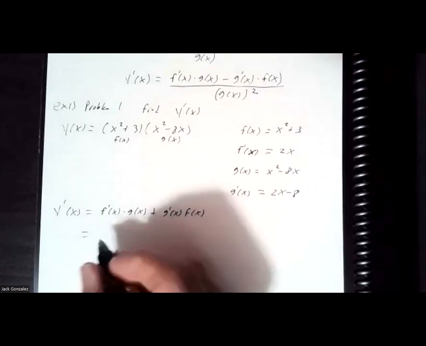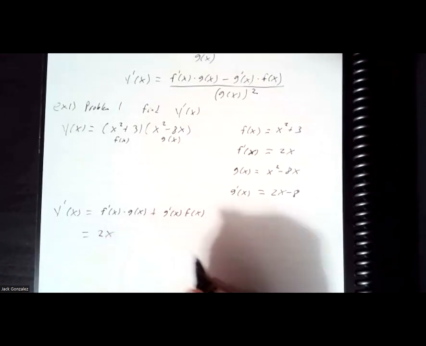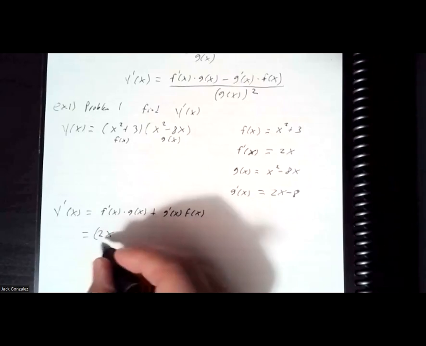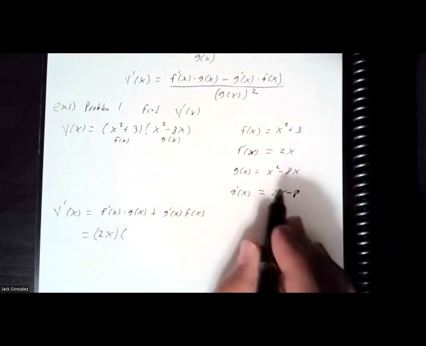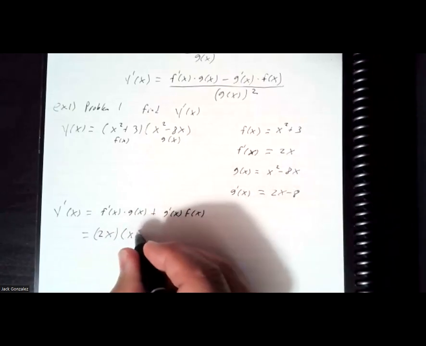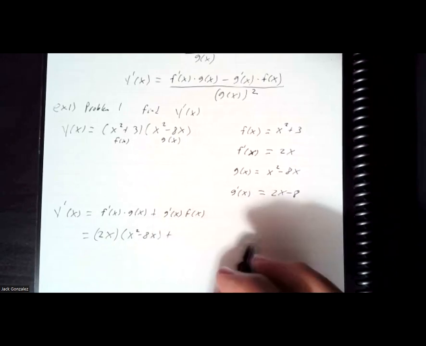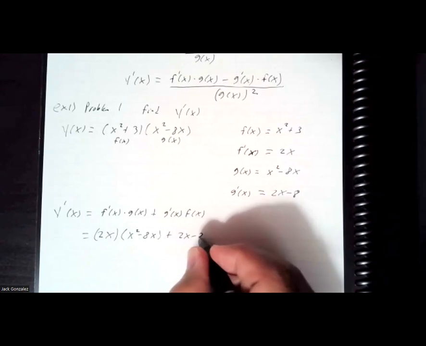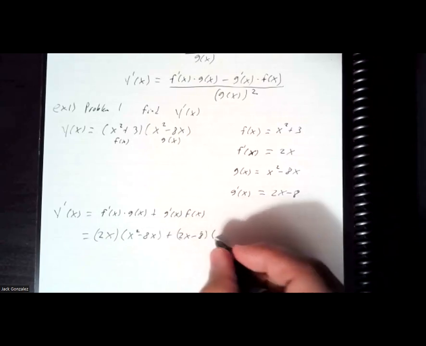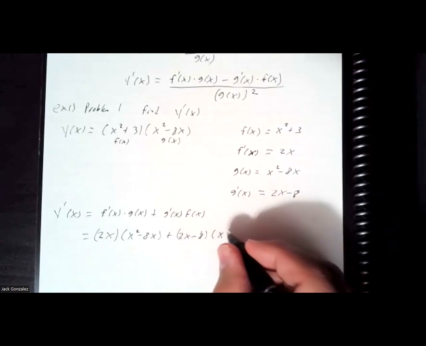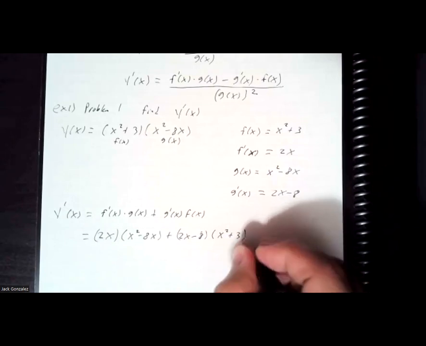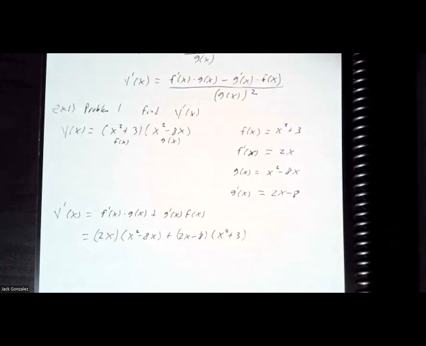So f prime goes right there. G goes right there. Plus g prime times f. So far, does that make sense?